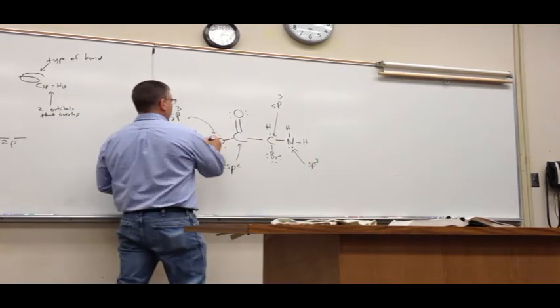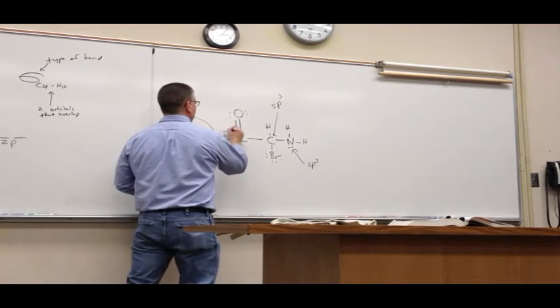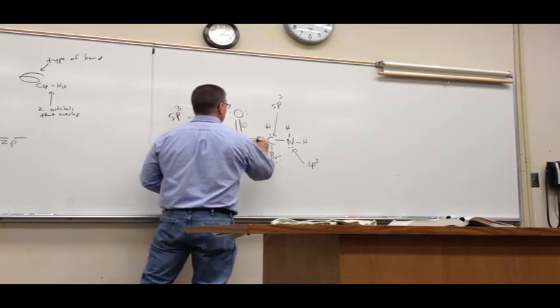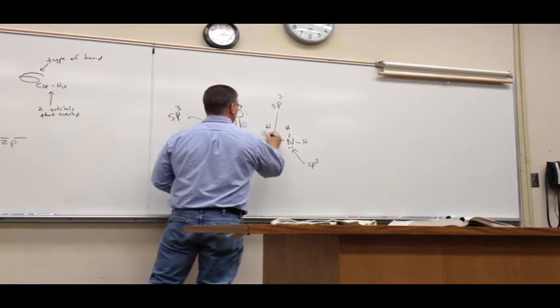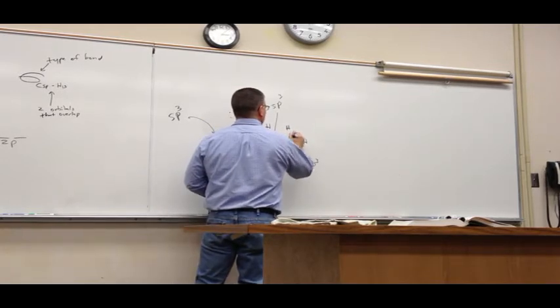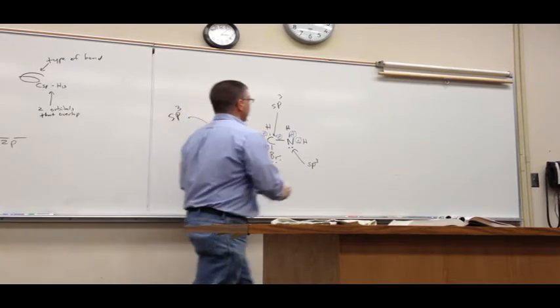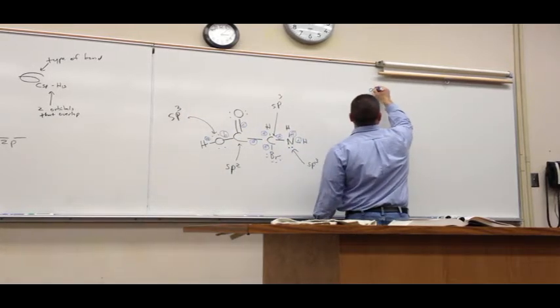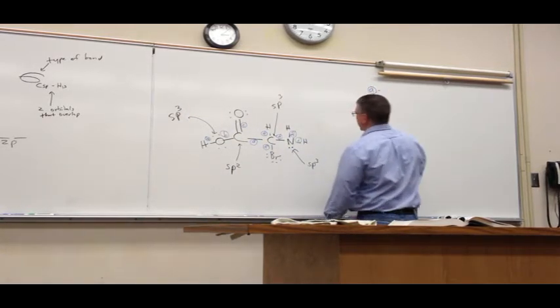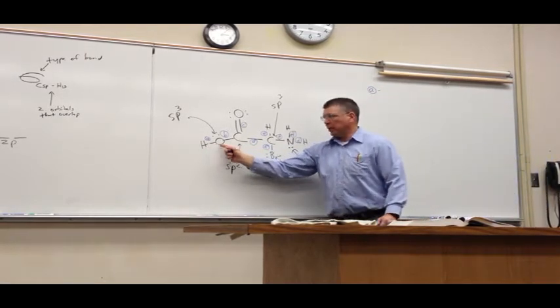You know what, let me label them and then we'll make a list, right? So A is the bond between the hydrogen and the oxygen.